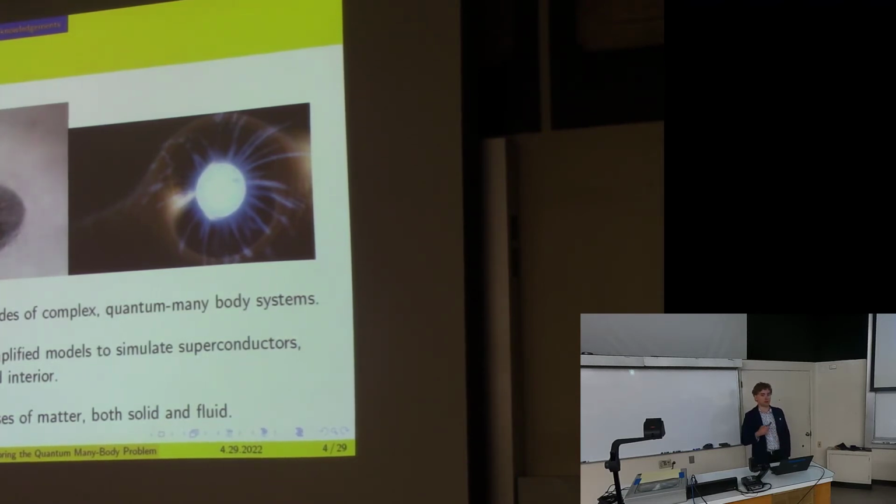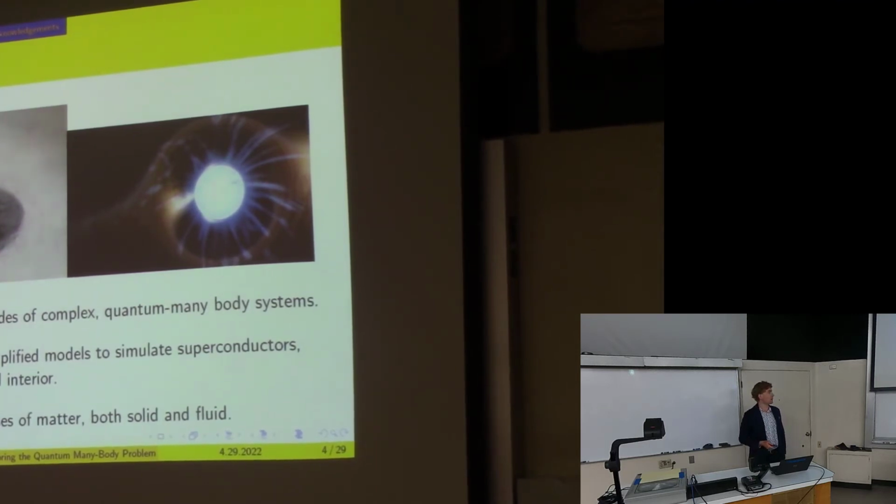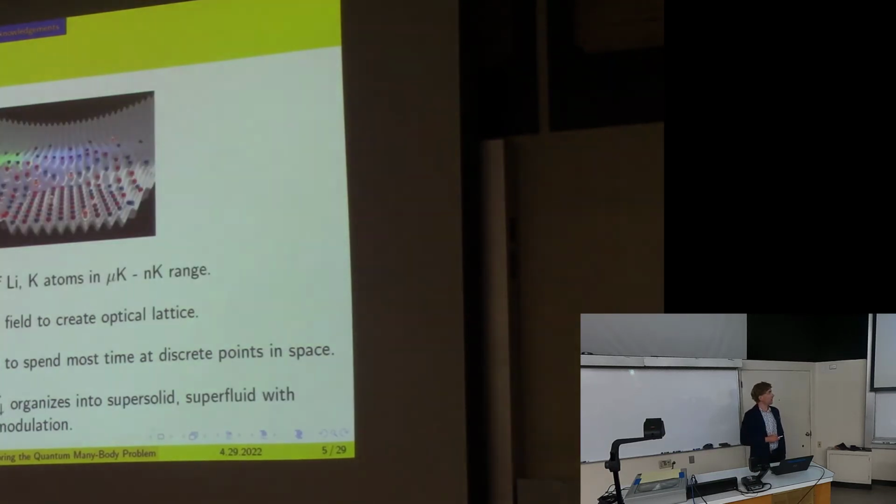And there are also exotic phases of matter that show up in quantum statistical mechanics, like superfluids, that are difficult to study. So one way of doing this is to use a cold atomic gas as a simplified model of a more complex physical system that would be easier to create and then probe in a laboratory setting.